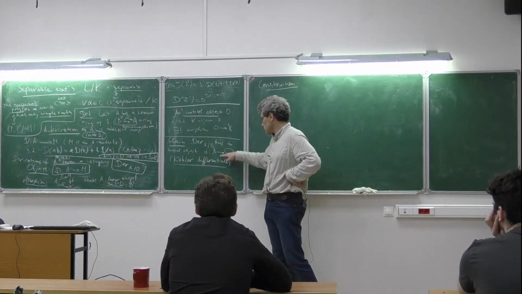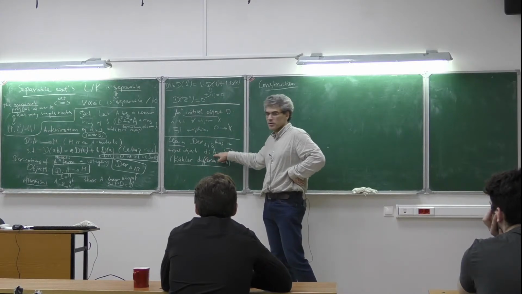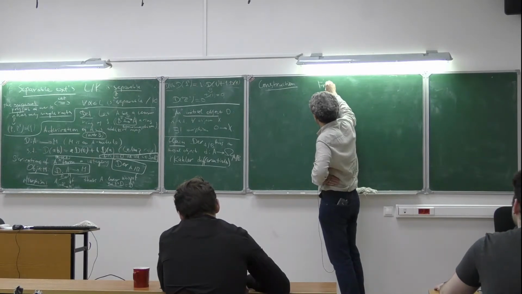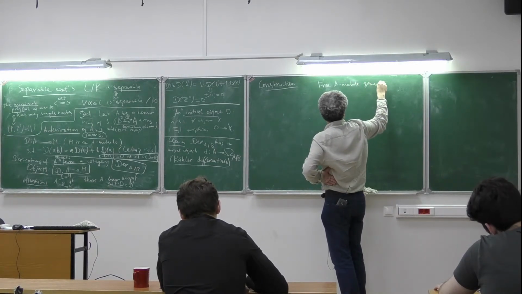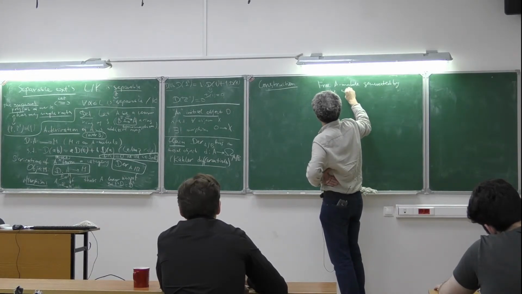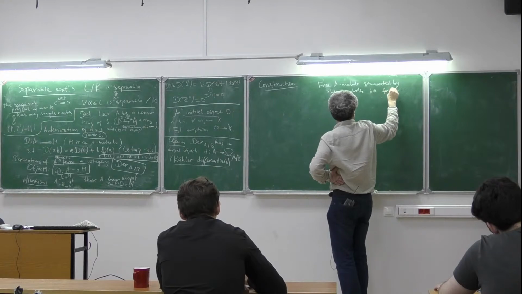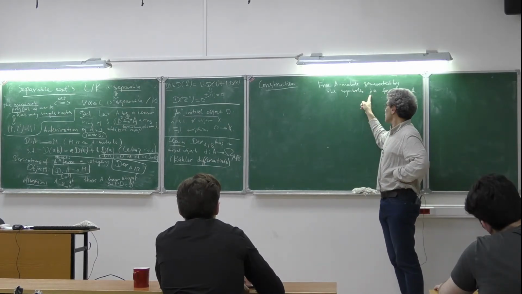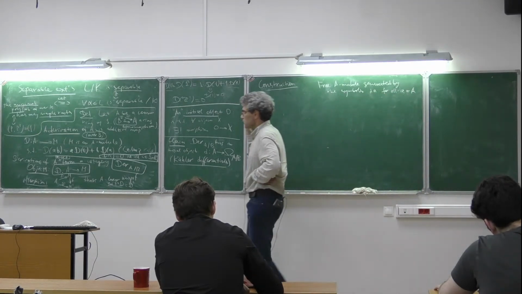You just span an A-module using this. You don't know what d is, but you just consider the free A-module generated by the symbols da for all a in A, but then you have to impose certain conditions to make sure that it is a derivation.